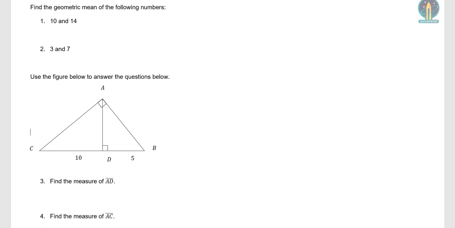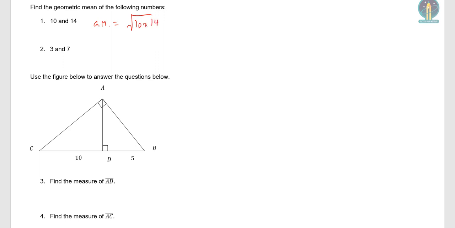Okay, find the geometric mean of the following numbers: 10 and 14. Remember, the easiest way to find the geometric mean is the square root of the product of both numbers.